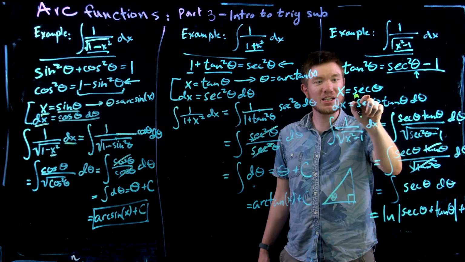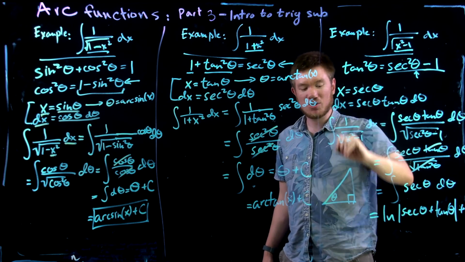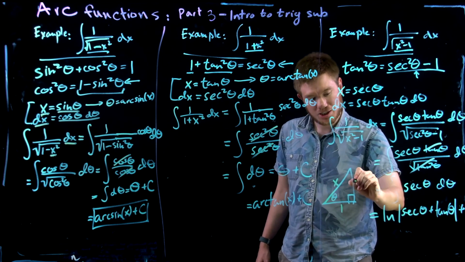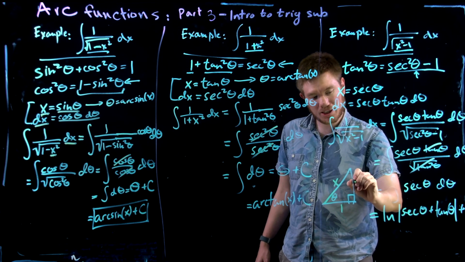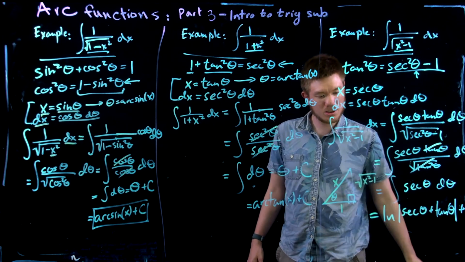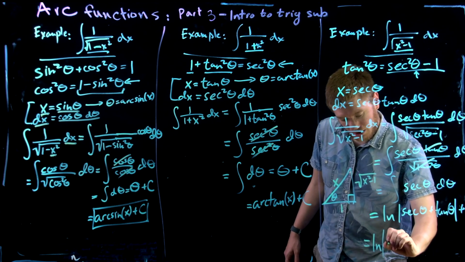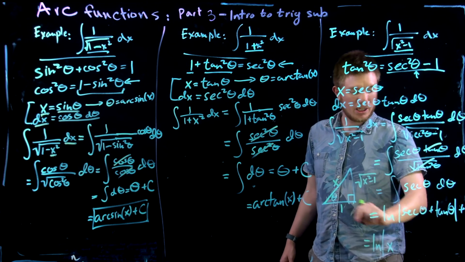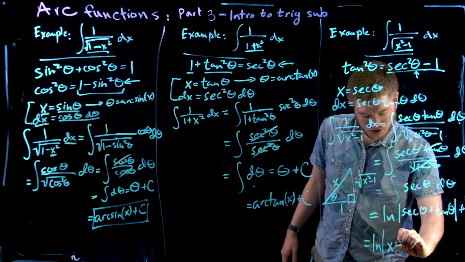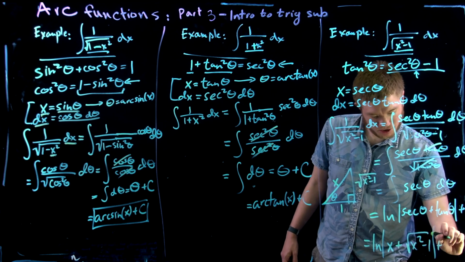We know that secant theta is x, so we have hypotenuse over adjacent, which is x over 1. Then our opposite side is going to be square root x squared minus 1. And so secant theta is going to be x, and tan theta is going to be opposite over adjacent, so we get the natural log of the absolute value of x plus square root x squared minus 1, plus c.